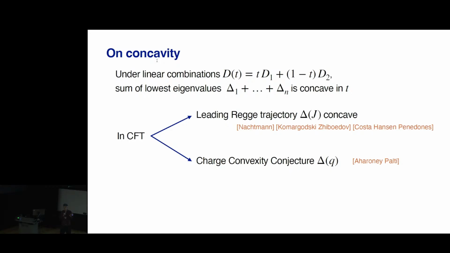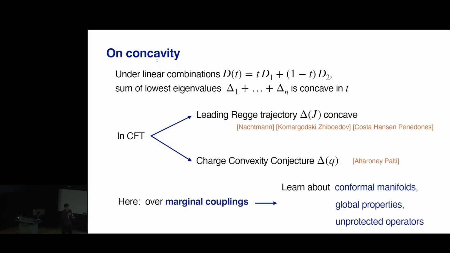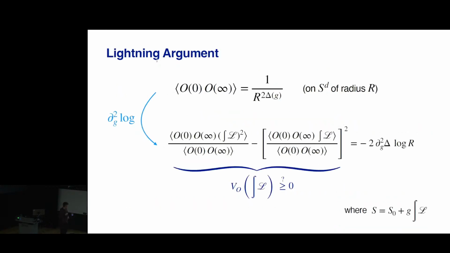And we know that the same thing is true as a function of charge, at least asymptotically for large charge. So here, it's a similar statement, but over marginal couplings. So we're talking about a family of CFTs. So we're going to learn from this about conformal manifolds, their global properties, and also about unprotected operators, which is sort of normally difficult to learn about.